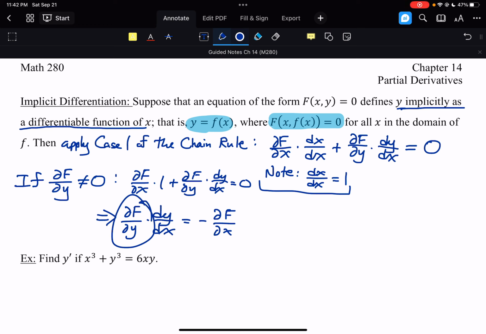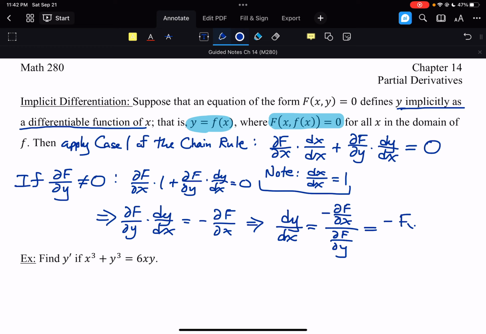Now divide this under here because it's non-zero. So as long as it's non-zero, this will work. And we get dy dx equals negative partial f with respect to x over partial f with respect to y. Or in our more common terminology, this would be negative fx over fy.